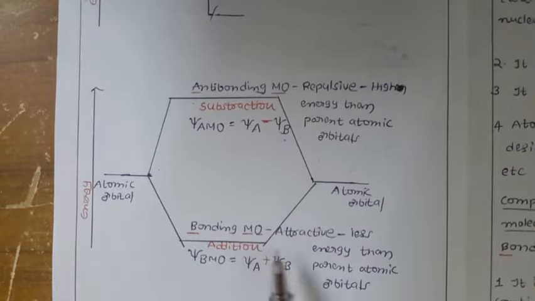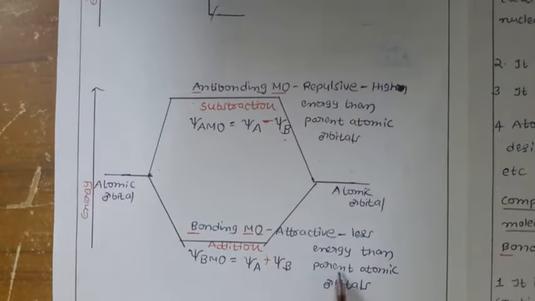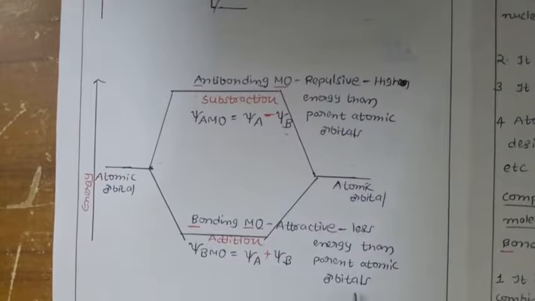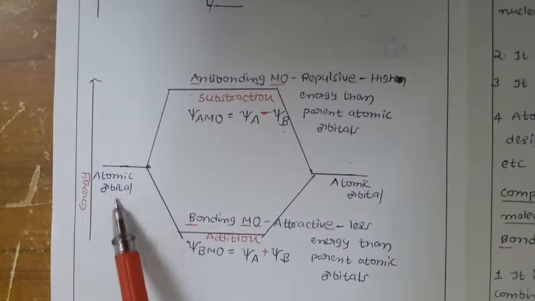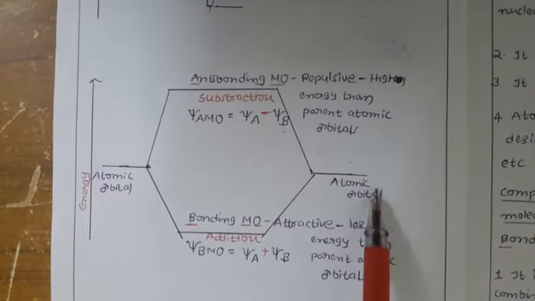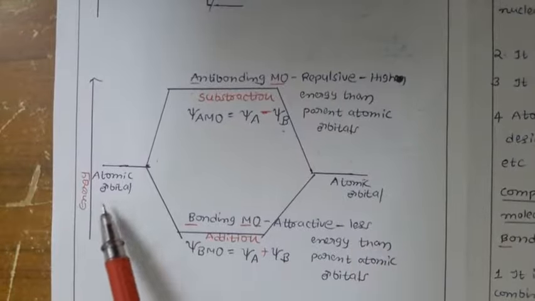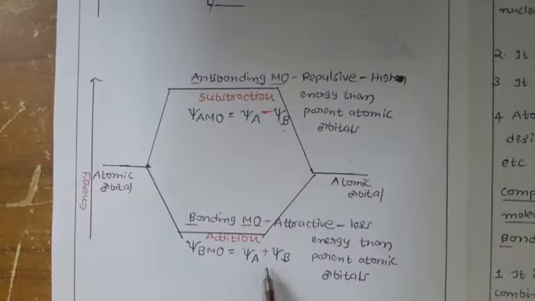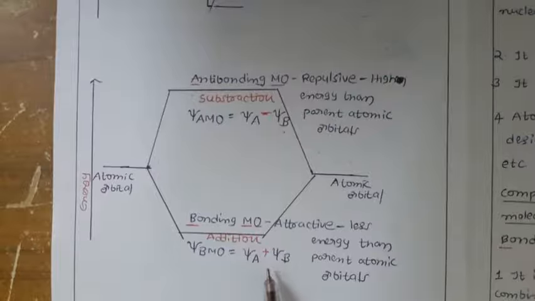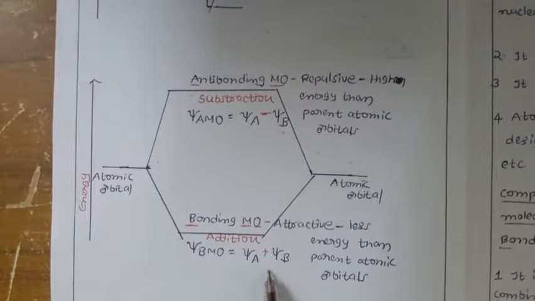Bonding molecular orbitals are attractive, so they have less energy than the parent atomic orbitals. These are the parent atomic orbitals. Compared to them, the bonding molecular orbital has less energy, and it forms by the addition of the orbital wave functions.